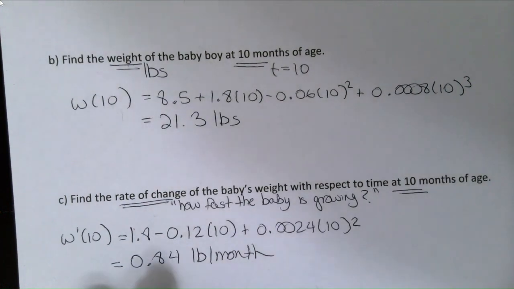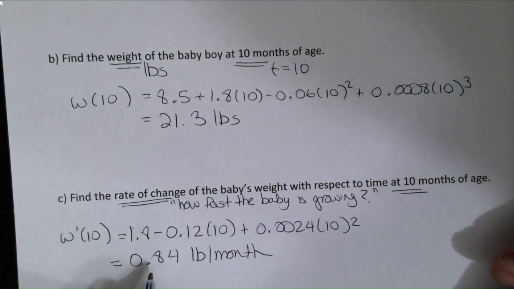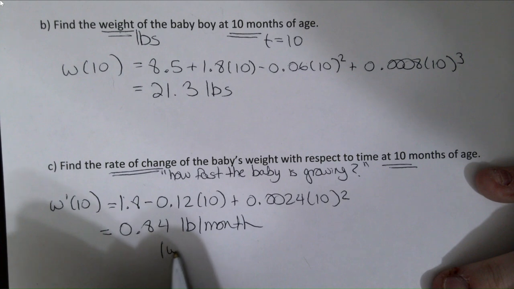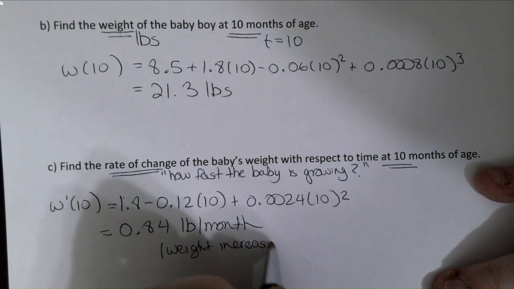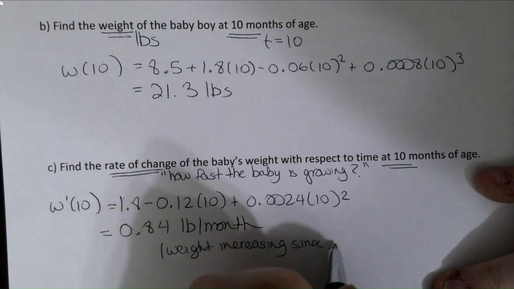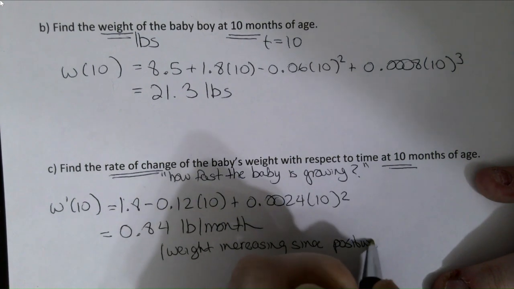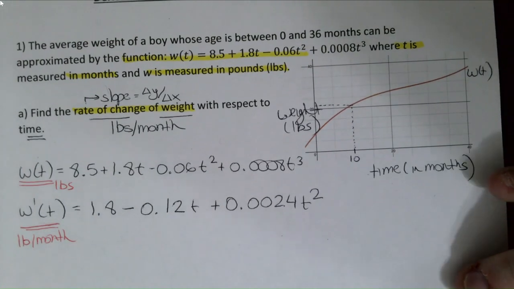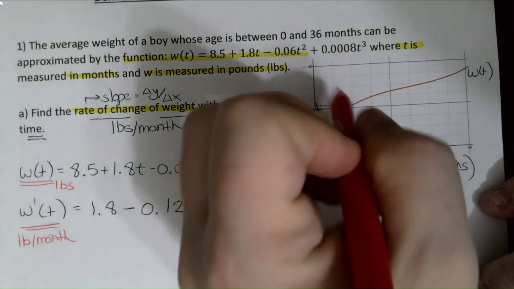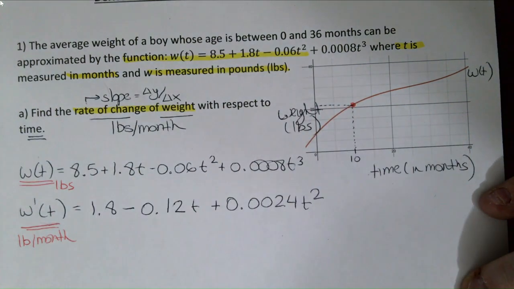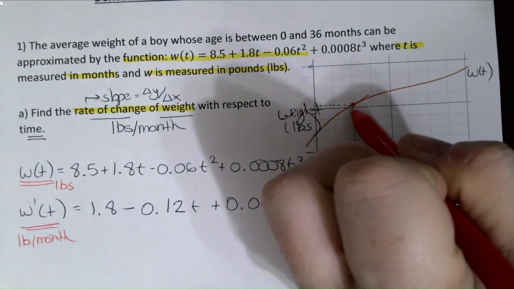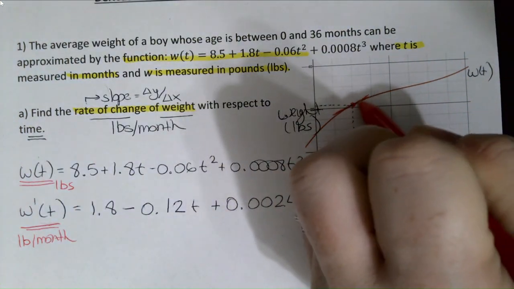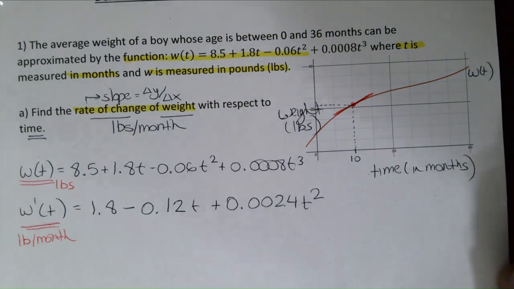So we've got a baby growing, increasing. So weight increasing since positive. So the rate of change is positive, so the weight is increasing. And you can kind of see that back here when we look over here. If we look at 10 months, if we were to try to draw a tangent line where it's just cutting through that line in that one spot, just like this, you can see the slope there.